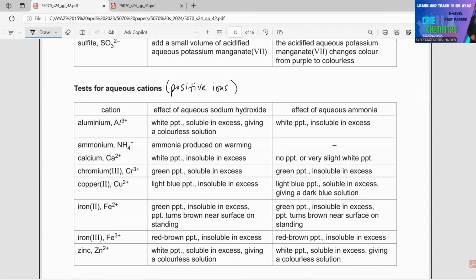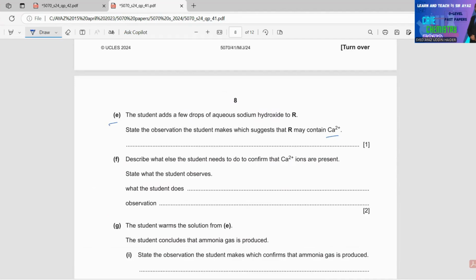If you look at the test for calcium Ca2+ ion with aqueous sodium hydroxide, it's giving white precipitate which is insoluble in excess. So I will write white precipitate. You will only write white precipitate because they are not asking the observation in excess of sodium hydroxide.